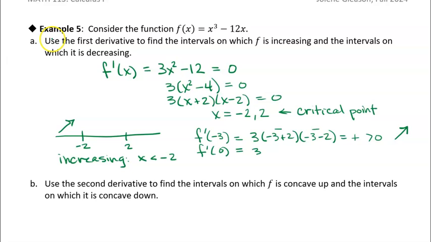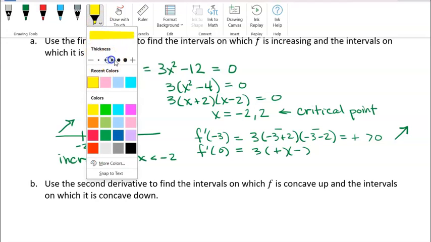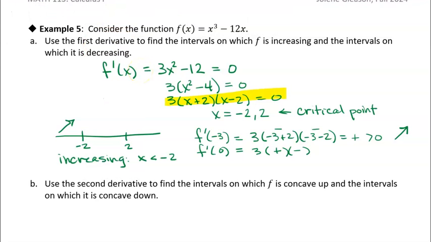When I put in 0, I get a positive number for the 3, and when I put 0 into the next factor, I get a negative number. All I'm doing is using this factored form. Let me make this a little bigger so I can highlight it.